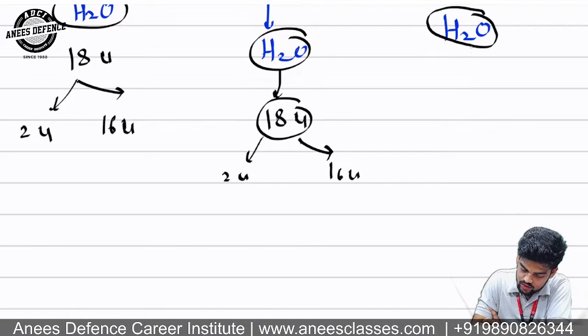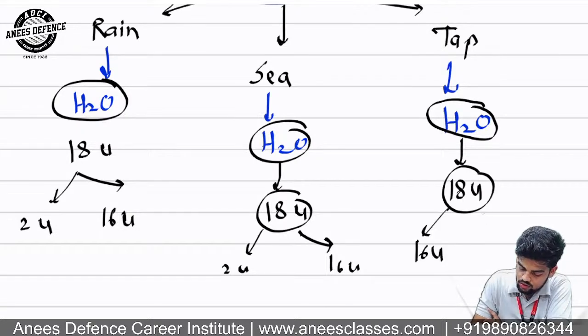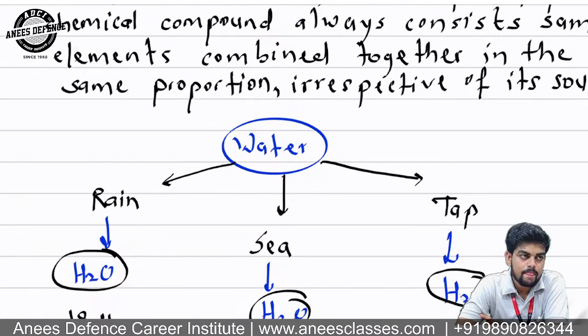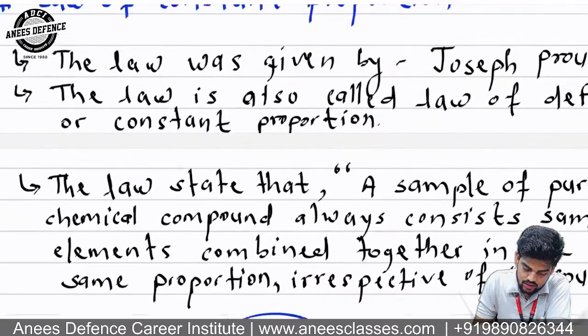Same for your tap water, which also contains 18U by its mass, in which 16U of oxygen and 2U of hydrogen. So this means that whichever chemical compound it is, the elements it is made from are independent of the source of that compound. This is what the law of constant proportion teaches us.